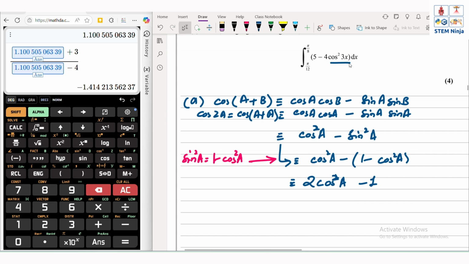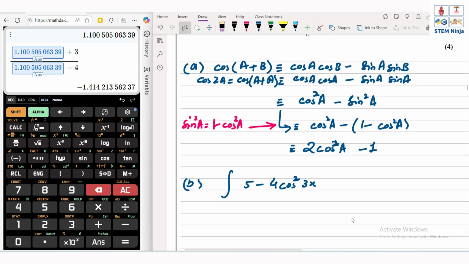So this is why we needed to convert the cos squared into the double angle form, because we can't integrate the square cos. We have to convert it into its double angle form. So the integral of 5 minus 4 cos squared 3x.